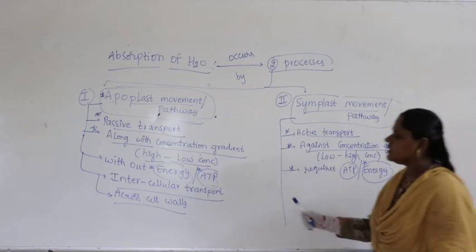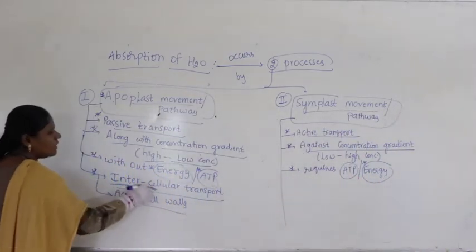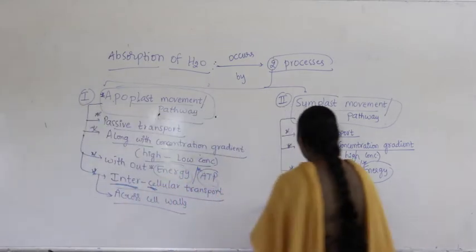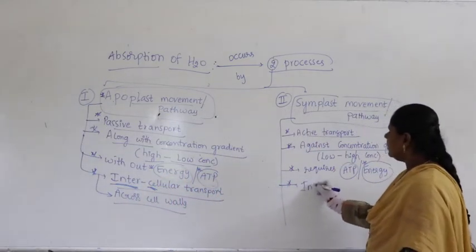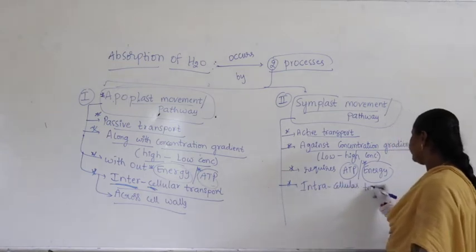Now, apoplast is intercellular transport, and here we can write symplast as intracellular transport.